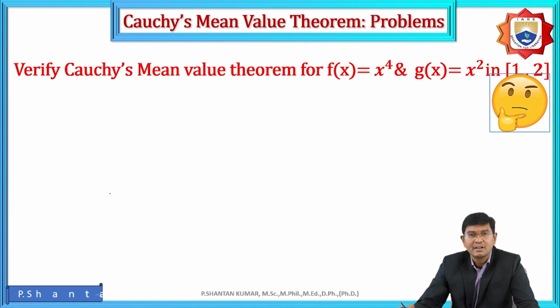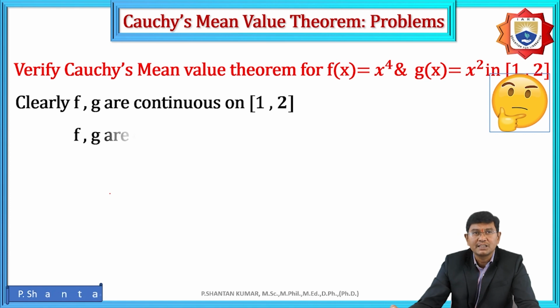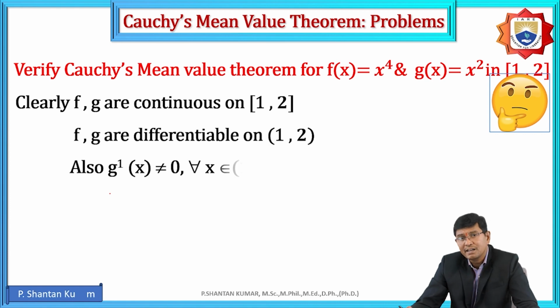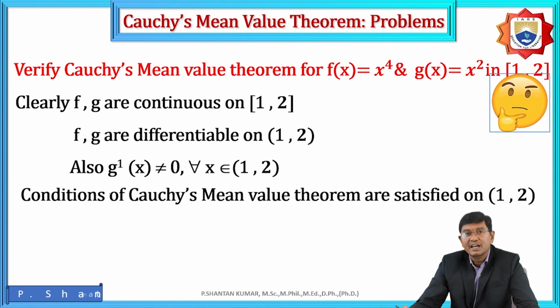For example, here the problem is clearly showing two functions under the Cauchy's mean value theorem. Here both are polynomial functions under the closed interval. There is no particular value at a point where it becomes infinite. Therefore, they are continuous functions, and the derivative also exists, they are derivable.